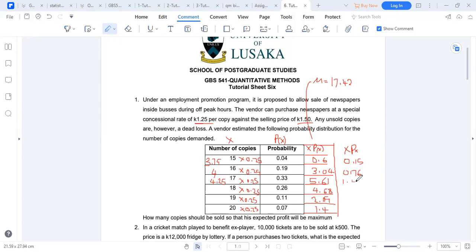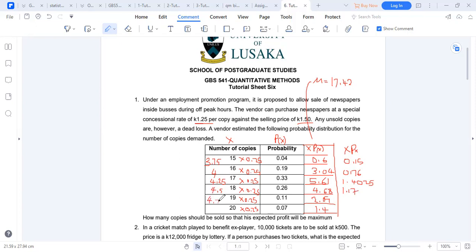Next, how do we do? 18 times 0.25, which is 4.5. And what do we do to 4.5? Multiply by the respective probability, 0.26, which is 1.17. Next, 19 times 0.25, we get 4.75.